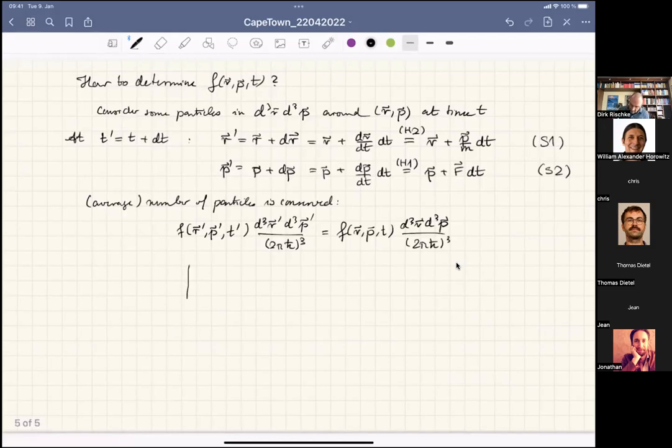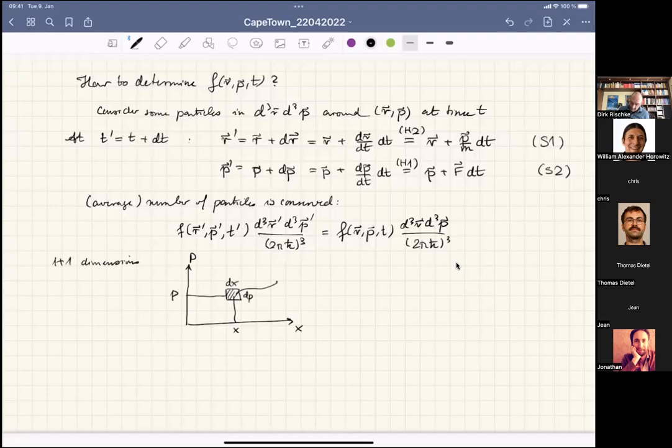Let me draw a little picture here. Always nice to have pictures in 1+1 dimensions. This is how we visualize this. We had basically some little dx dp here at position x and p. And then there's the transport.